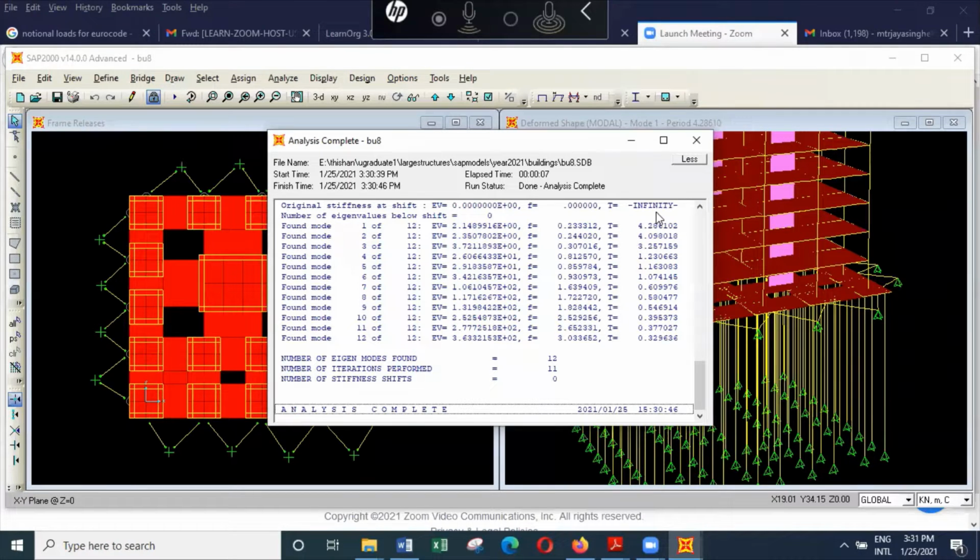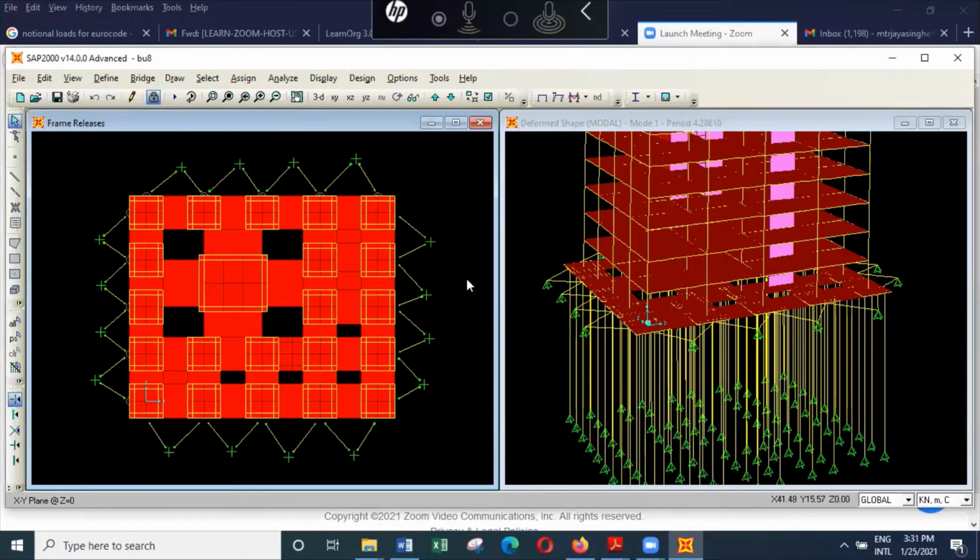But this gives a higher value because now we are having a taller structure. So the natural period of vibration is considered for the full structure, and it gives some flexibility because now the structure is taller. So now we can actually see whether the structure is okay.